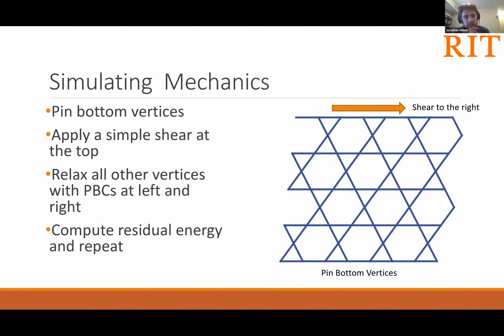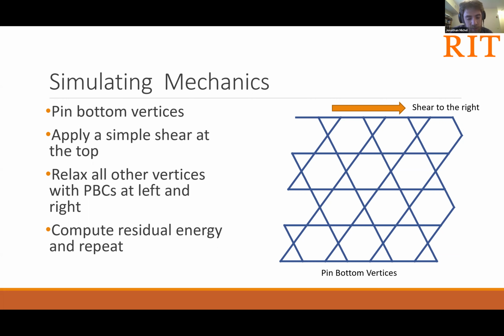So with these ingredients in hand, we then introduce a simulation protocol in which we pin the bottom vertices of the network. We apply periodic boundary conditions at the left and the right. And then we apply a modest few percent compression, and then shear the network to the right.